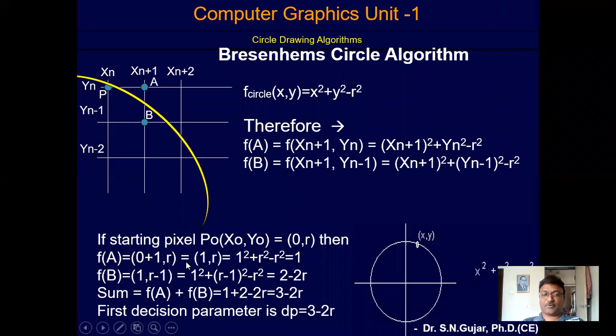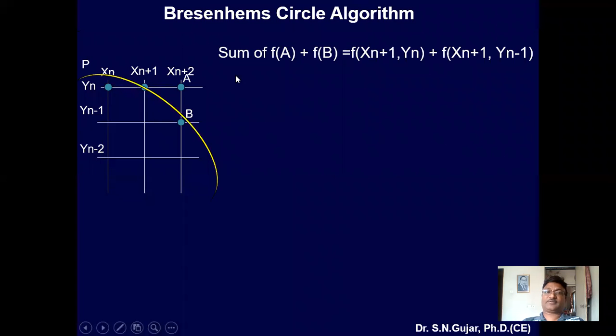After solving, f of a becomes 1 and f of b becomes 2 minus 2r. Make the sum of these two, so f of a plus f of b is 3 minus 2r. This is my first decision parameter. Now compare this with the value, which means I need to calculate the next point. So how?